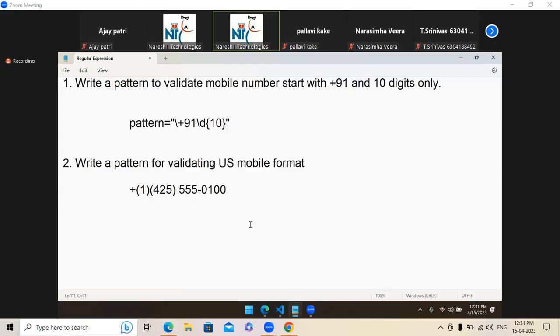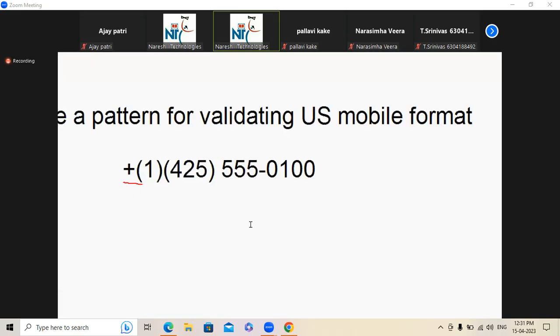Here the parenthesis is also required. But you know, parenthesis is already a special character, a meta character. And you see here, this is compulsory. In this parenthesis, any 3 digits. After that, space. After that, any 3 digits. After that, hyphen. After that, any 4 digits.